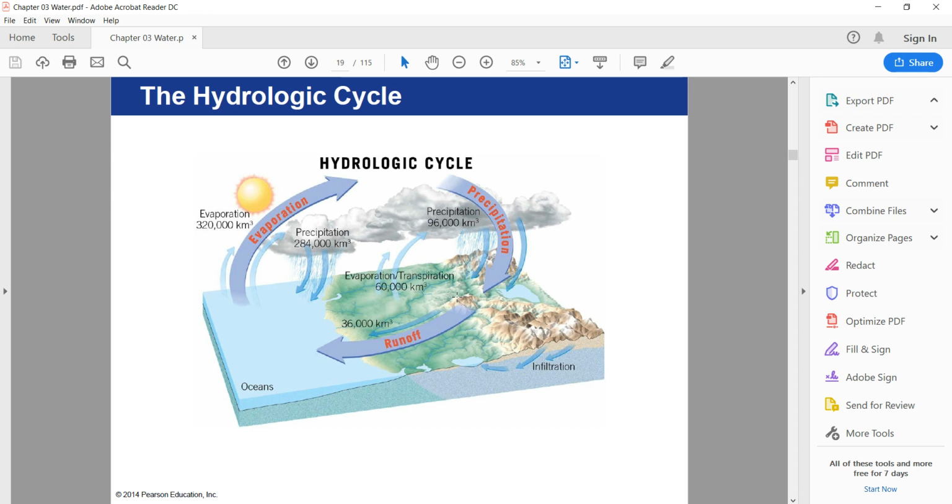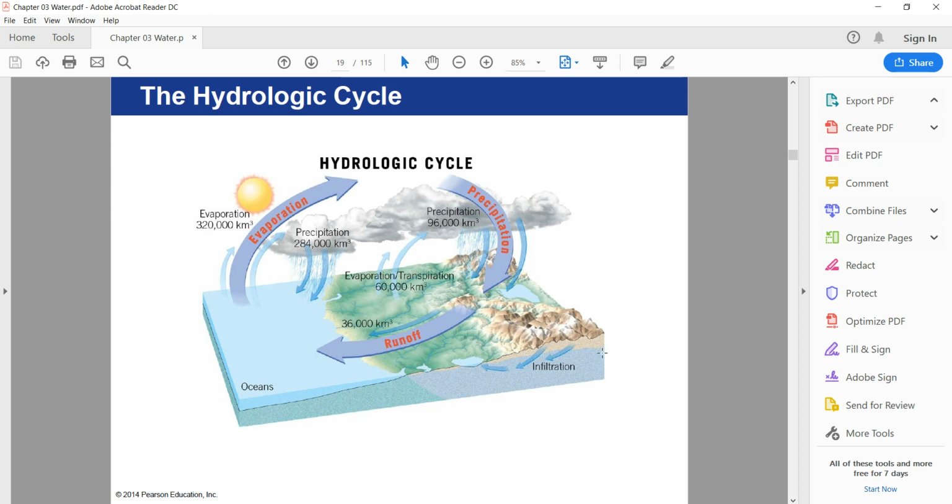So the volume of water changes as you go from ocean to continent, but if you sum up all of these numbers, the overall volume of water will remain conserved, will remain constant, as you go 2,000 or 2 million years in the past or in the future. The total amount of water on our planet will remain conserved. It can change from one form to another, but the total volume will remain conserved.